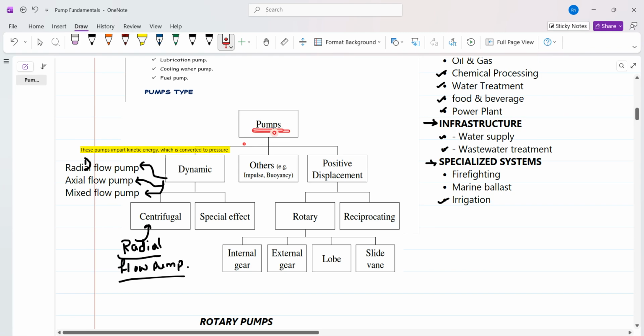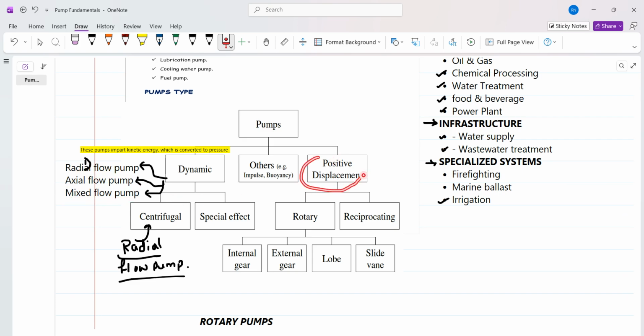Pumps are basically classified into two types: positive displacement pumps and dynamic pumps. Dynamic pumps are mainly three types: radial flow pump, axial flow pump, and mixed flow pump.